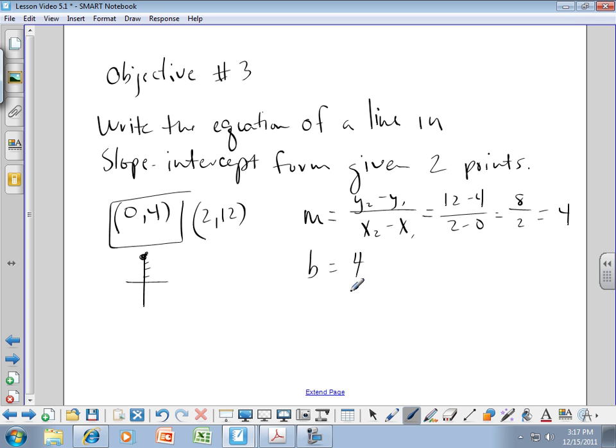You can only do this if the x value is 0, can't you? You can't just say 12 because this isn't the y-intercept. This is the y-intercept. Well, so you got a slope, you got a y-intercept. Write me an equation now. y equals 4x plus 4. All right? And there you go. There you have it.